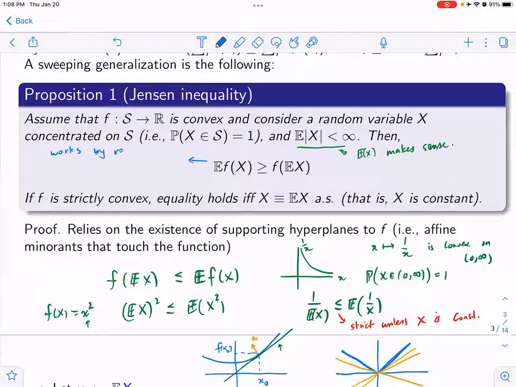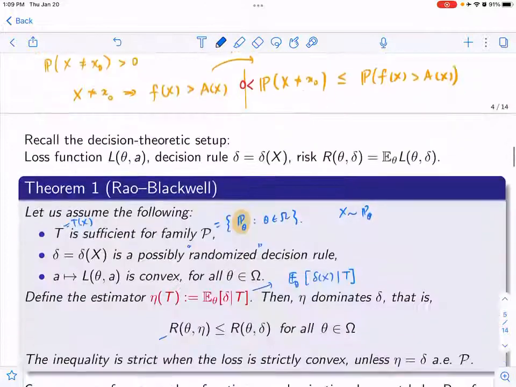Let's say for conditional expectations, I can say expectation of f of x given t is bigger than or equal to f of expectation of x given t. Okay, conditioning you can ignore. And that's basically what we're going to do.